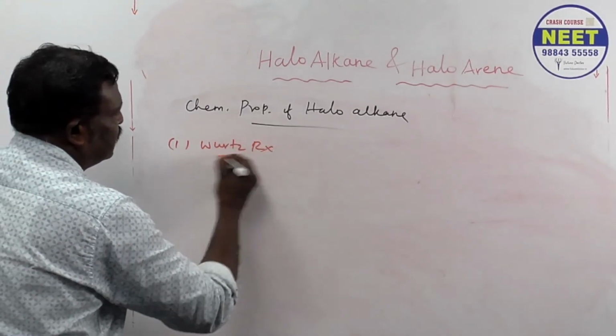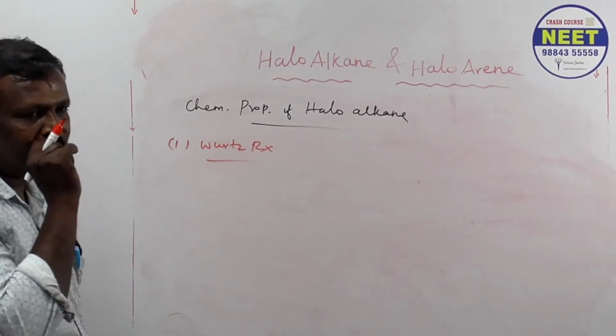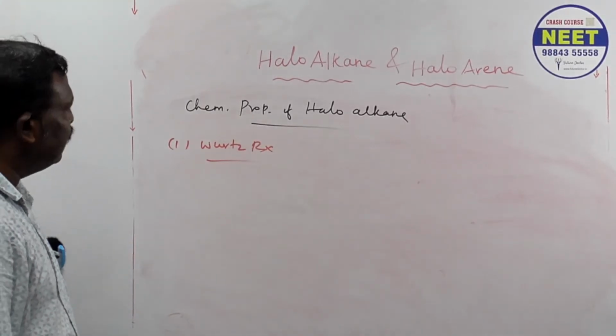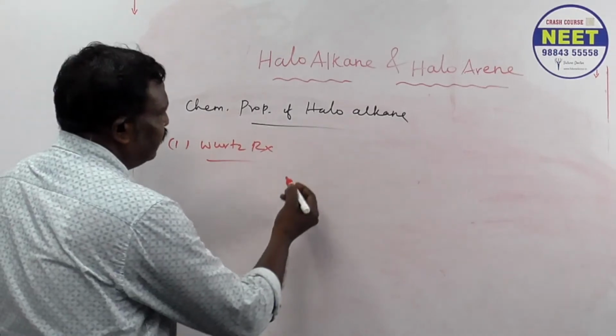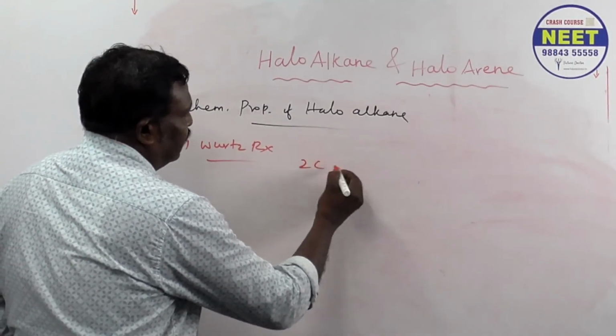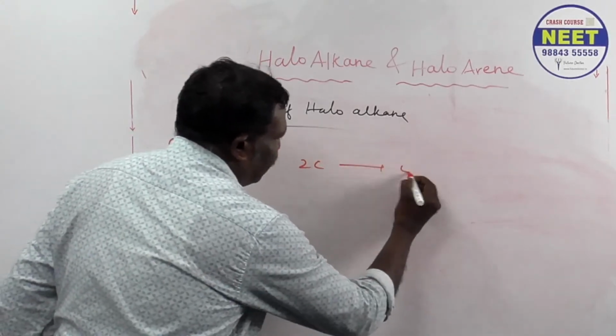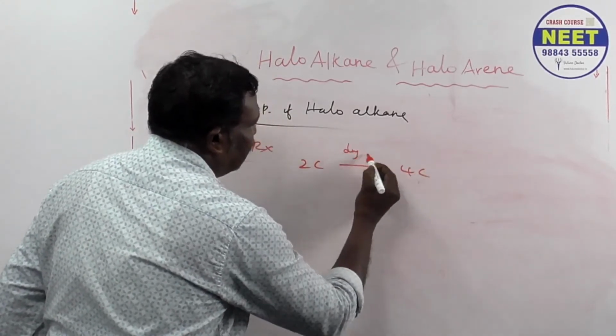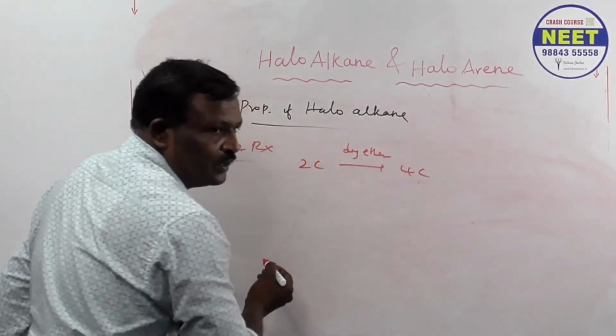Wurtz reaction. What is the Wurtz reaction? Can you remember? Dry ether, very good. 2 carbon becomes 4 carbon. Because of what? Dry ether, it's a solvent.